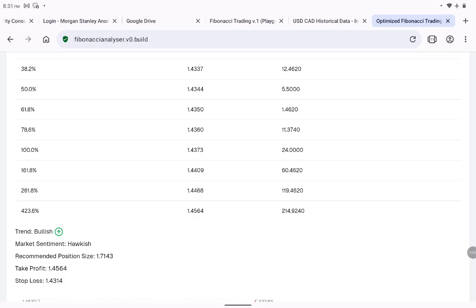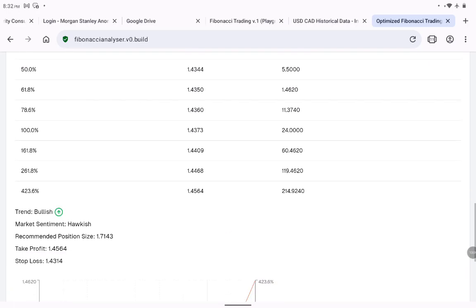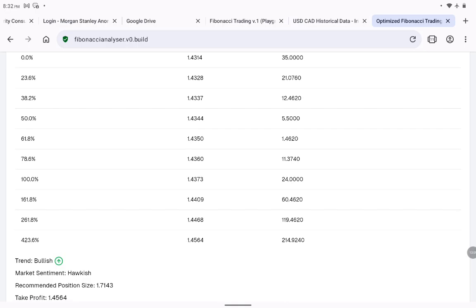So from 78.6, we can trade up to 11 pips, 24 pips, 60 pips, 109 and 214. And here it shows it intersects at 1.61. And for me, I really like anything that has to do with intersections, because as soon as something intersects, you know that okay, there's something good going on here.